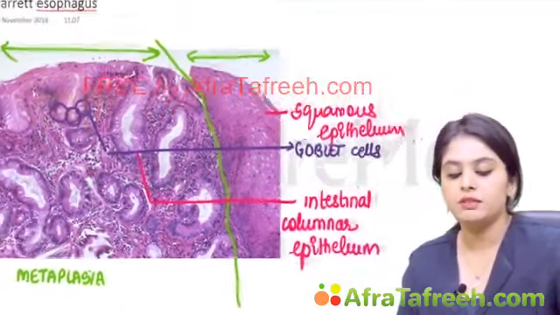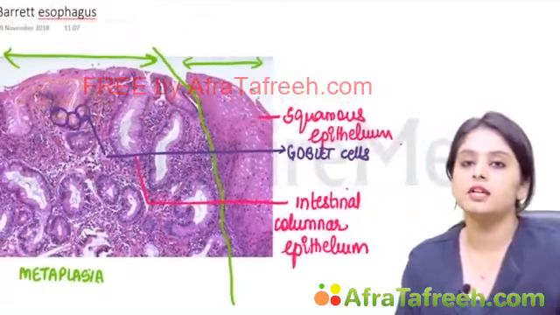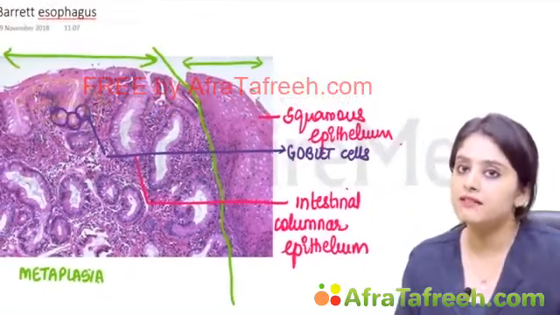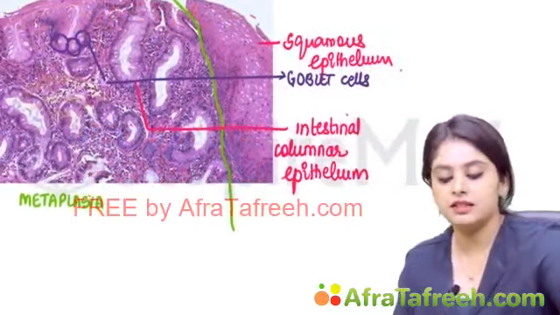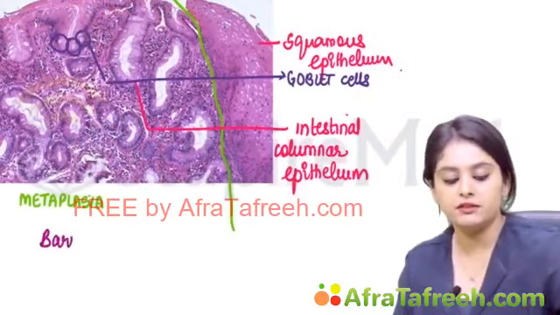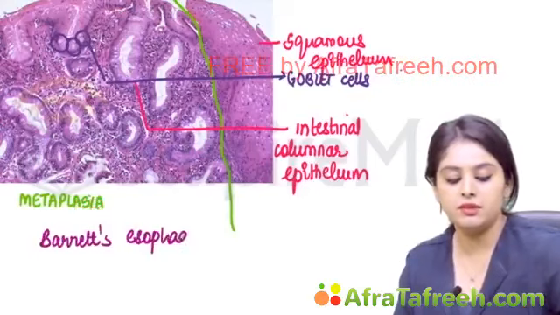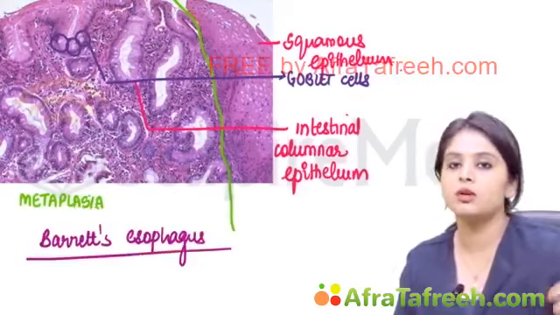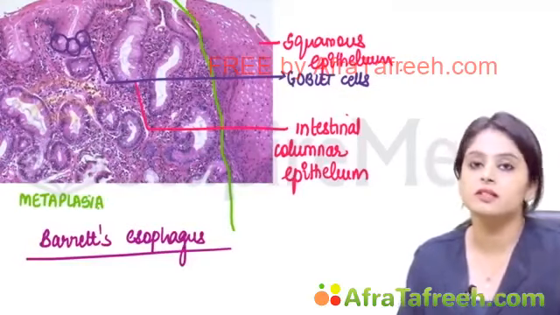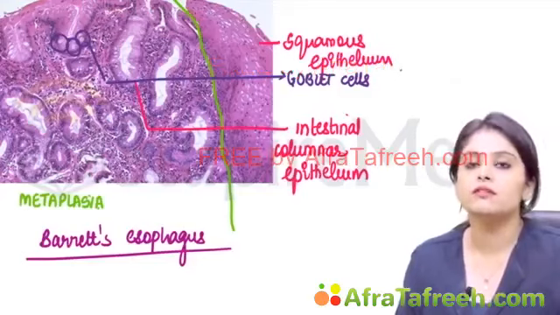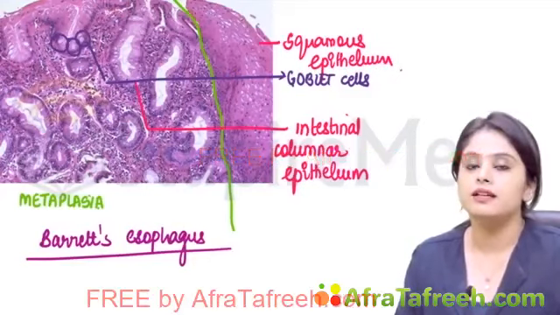So we have squamous epithelium that is converting into intestinal columnar epithelium having mucin-filled goblet cells. This is a classical case of Barrett's esophagus. So out of all the adaptive mechanisms, remember students that Barrett's esophagus is one of those which can fetch you an image-based question. So these were all the four adaptive mechanisms that we had: hypertrophy, hyperplasia, atrophy and metaplasia.